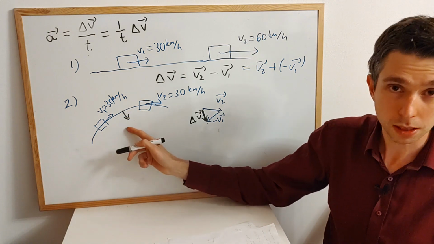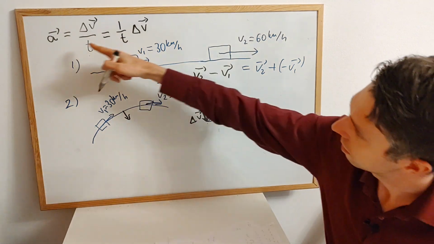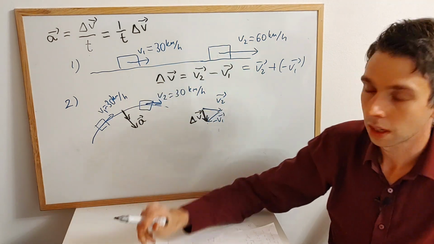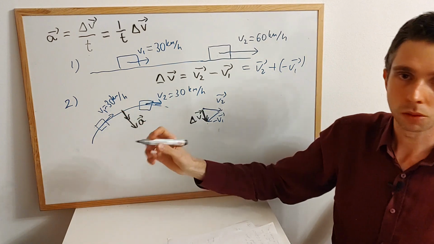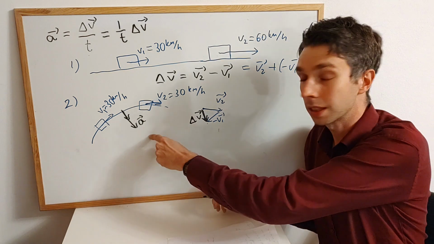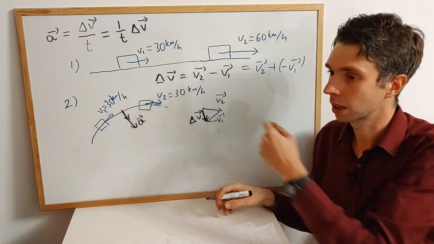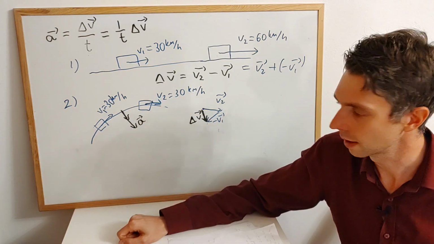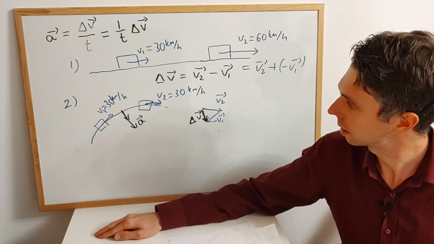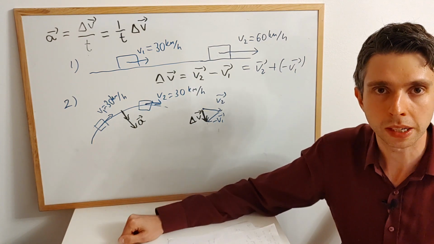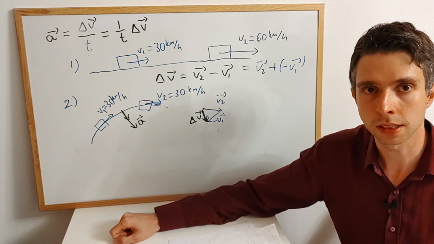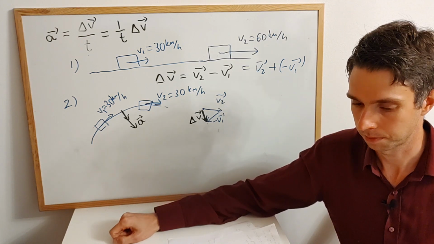So if delta v is pointing in this direction, vector a, the vector of acceleration, will also point the same direction, but it will be longer or maybe shorter. So it points to the center of this turn of this curve. So it's called the centripetal acceleration. I will go back to this when I discuss the circular motion in more detail in my next videos.